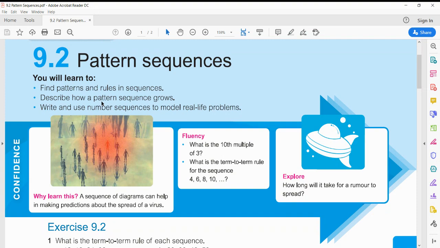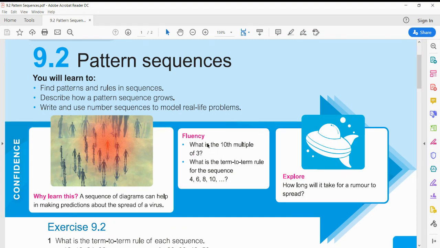So we're going to find patterns and rules and sequences, describe how a pattern sequence grows, write and use numbers to model real life problems. This is very current at the moment, about the spread of a virus. You can use a sequence to find out how it's likely to spread in the future and how we can stop it.